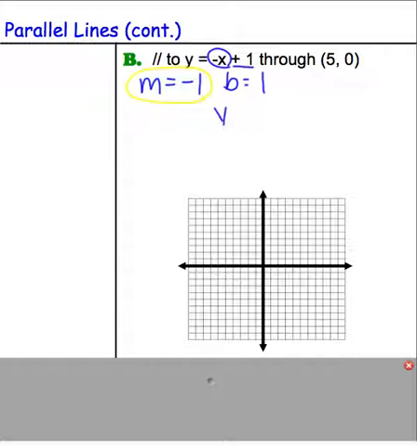I have y minus y1, which is 0, equals m, which is -1, times x minus x1, which is 5. The beautiful part about this one is that this minus 0 is going to just drop off, so all we have to do is simplify the right-hand side.